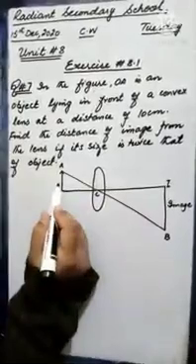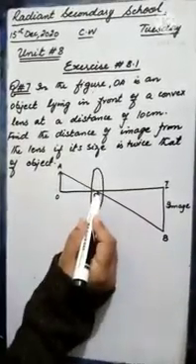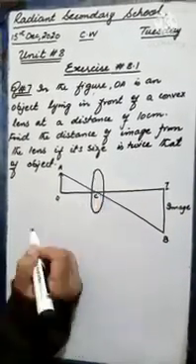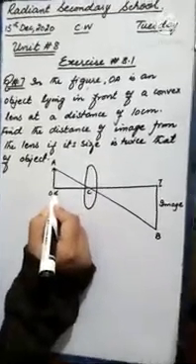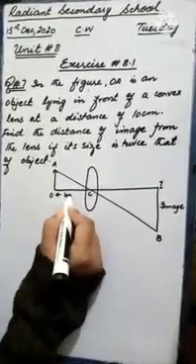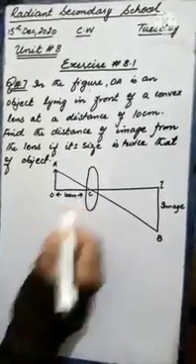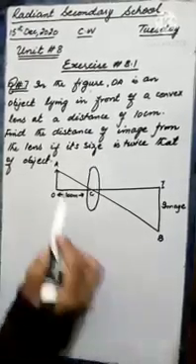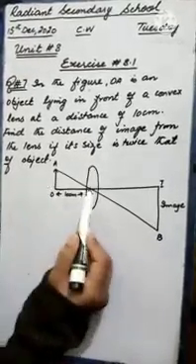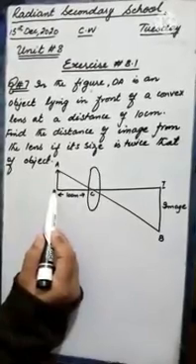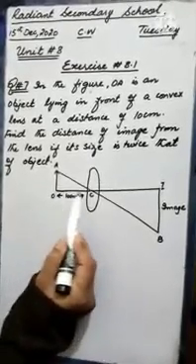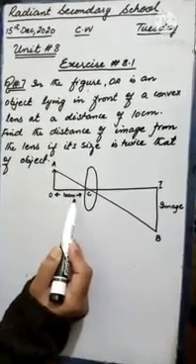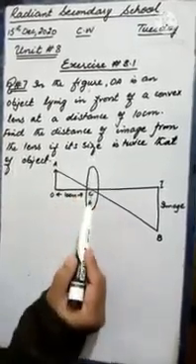Means this side OC is 10 centimeter, right? OA is an object lying in front of a convex lens at a distance of 10 centimeter from it. Find the distance of the image.